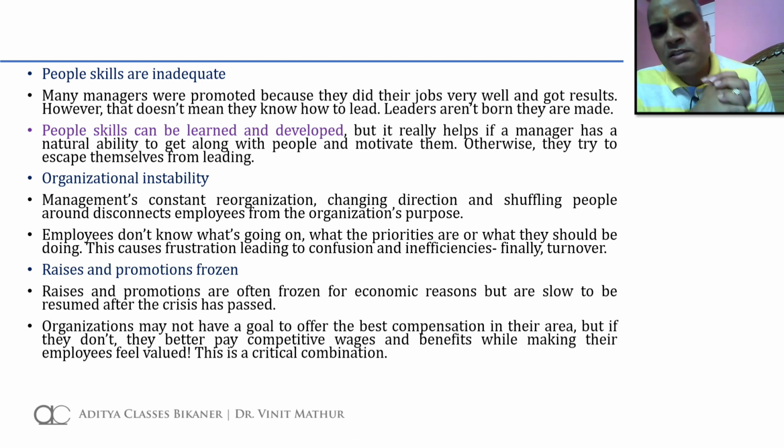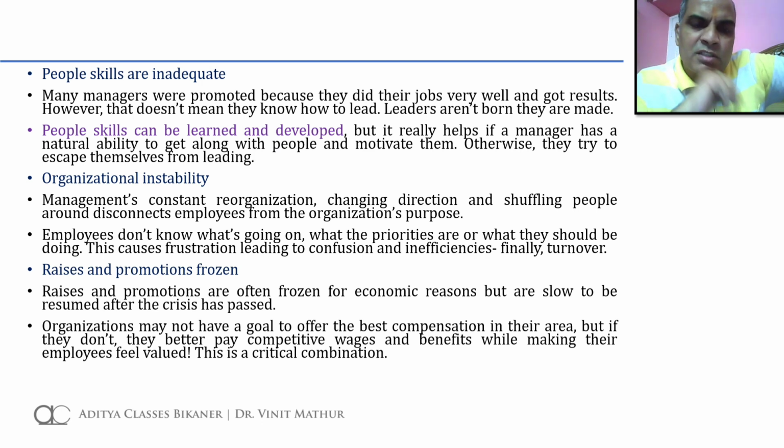And during a recession, or when your organization is not performing well, so many organizations freeze the promotions and the salary hikes. So that is also not good news for the employees.